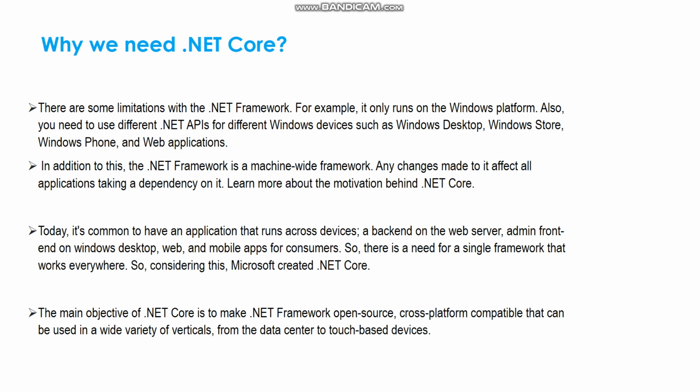This is the major advantage of .NET Core. Also, it is open source, which is another beneficial feature, and it is very lightweight and runs very quickly in an asynchronous way. I will tell you in the next slide about the benefits of ASP.NET Core.